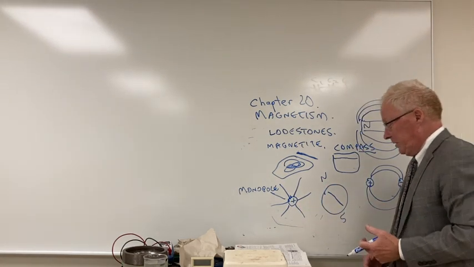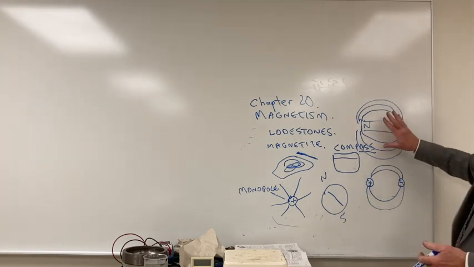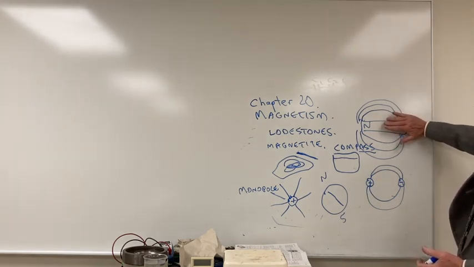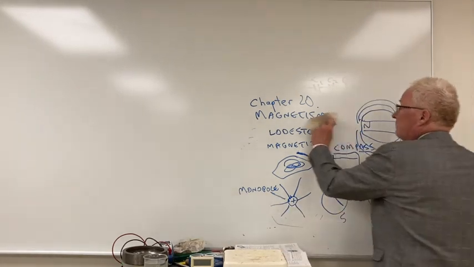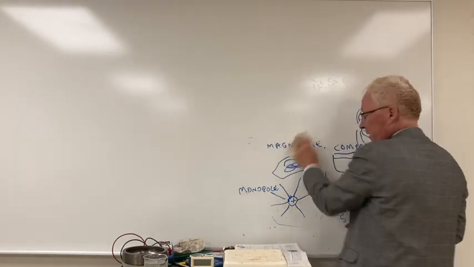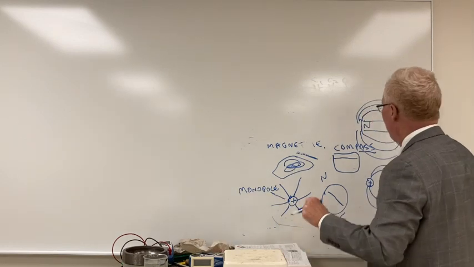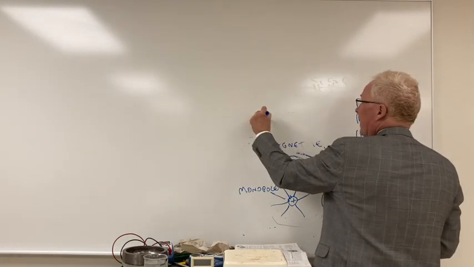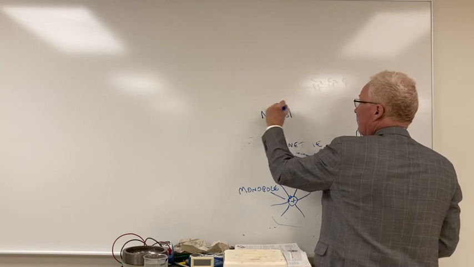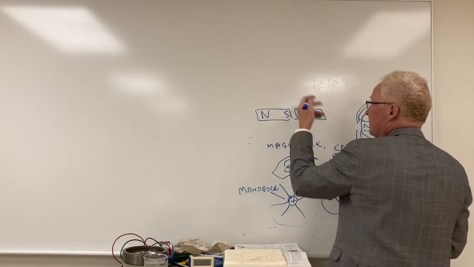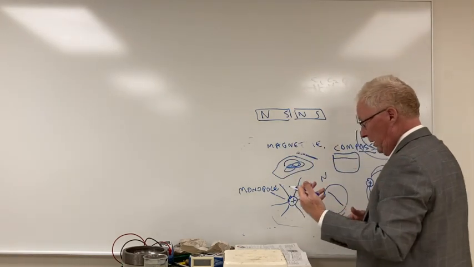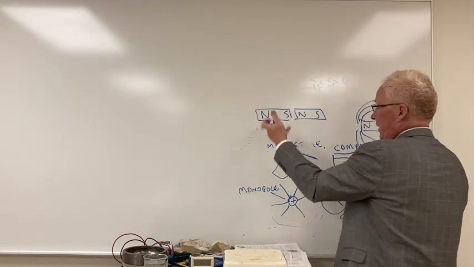We can't do that because you would think intuitively, oh, if I just take a north-south, cut it in half, I'll end up with just a north pole. Well, if you take a compass, as probably most of you all know, cut it in half, you'll end up with two magnets, one north and south. Break it up more, you'll still end up with that.